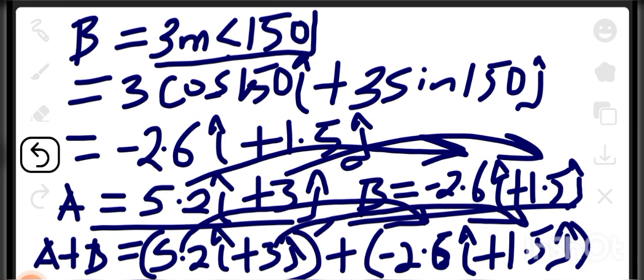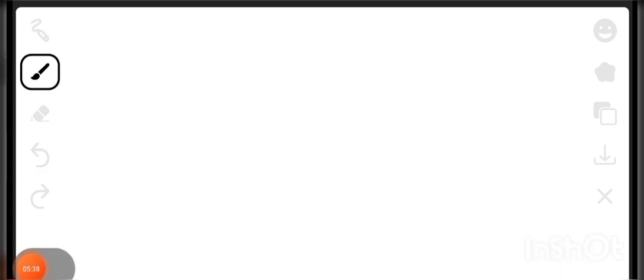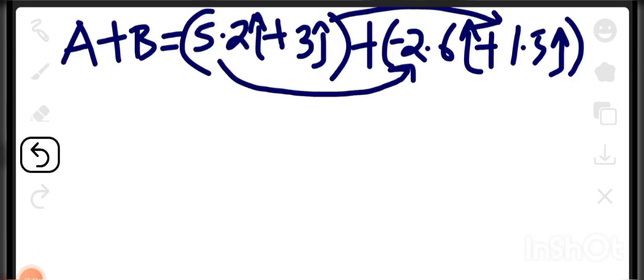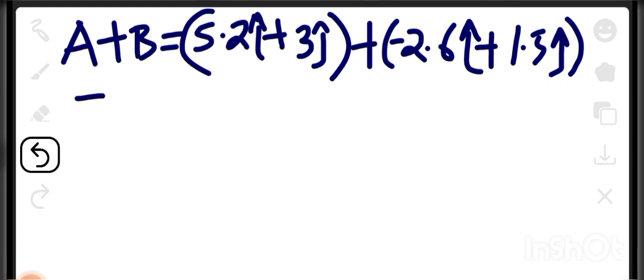So let's do the addition now. You add i to i, j to j. But first, let's open the bracket. There's nothing here, so open the bracket, it remains the same.